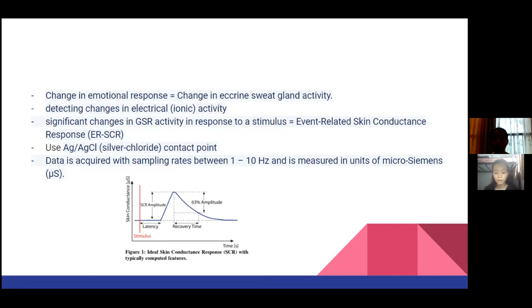It measures the intensity of the changes in our emotions, which is shown by the eccrine sweat gland activity. So, for example, when someone's emotion changes, then he or she will sweat more or sweat less, like when they're agitated or nervous. Is it physiologically or clinically proven that sweating is really related to emotional phenomena?